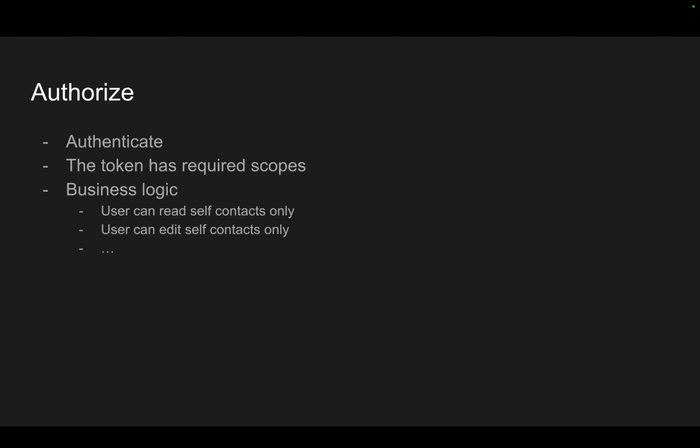The other type of access token is self-encoded access token, in which case all the information related to the user and permission is encoded in that access token itself, and that access token is a signed access token. That means resource server needs to validate whether the signature is correct or not.